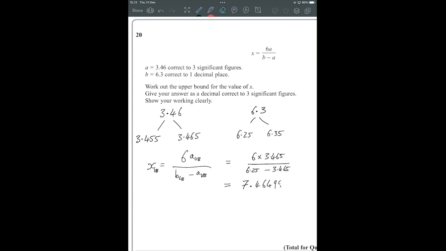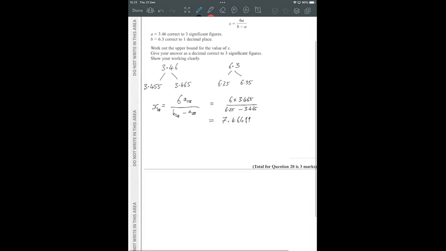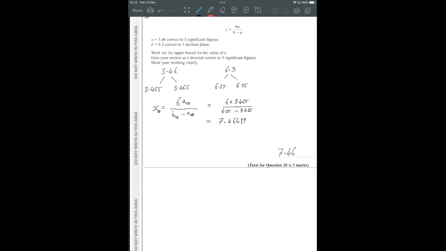If I just wrote my answer rounded poorly, I would lose a lot more marks than if I'd wrote all this working. Give your answer to 3 sig fig, 7.46. And notice I almost made exactly that mistake there. If I'd misrounded this to 7.47 with no working, I'm unlikely to get any marks at all. With this working, I would only lose 1.